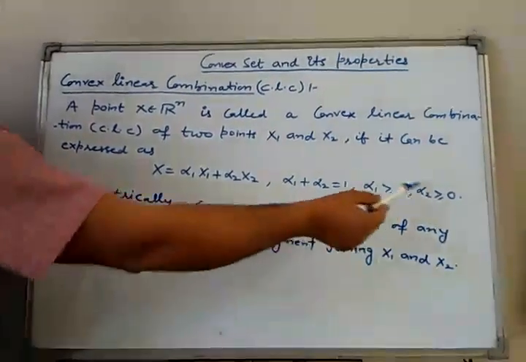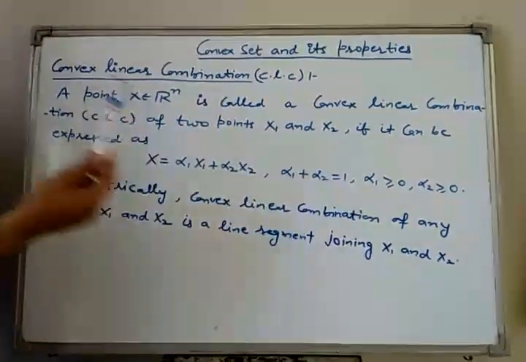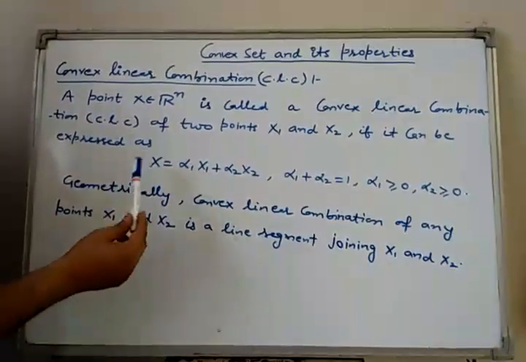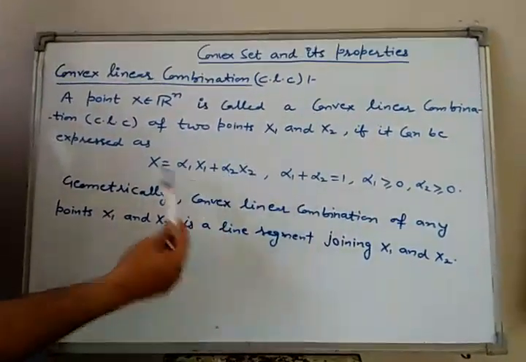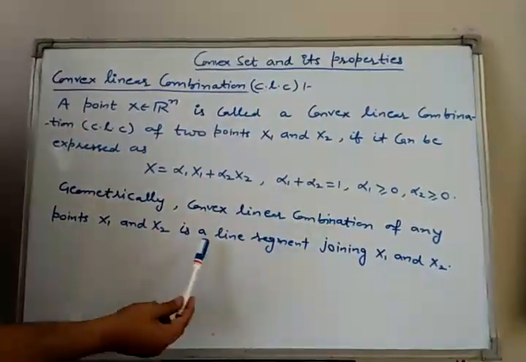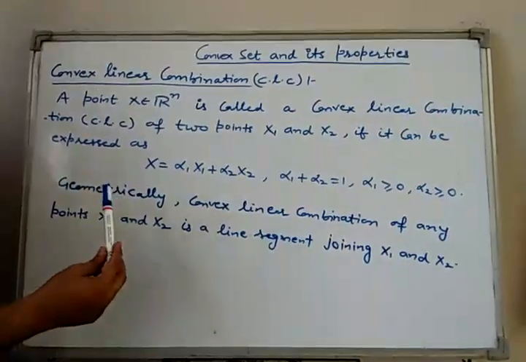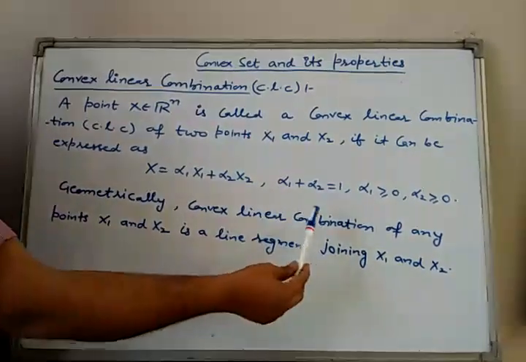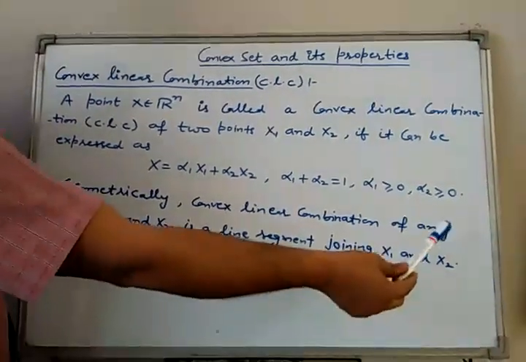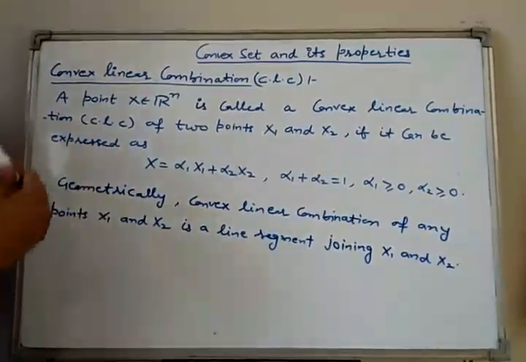This is the equation of the line segment, which I have discussed how to get. The geometric meaning of convex linear combination is the line segment joining points x1 and x2. Now we can express mathematically the definition of a convex set.